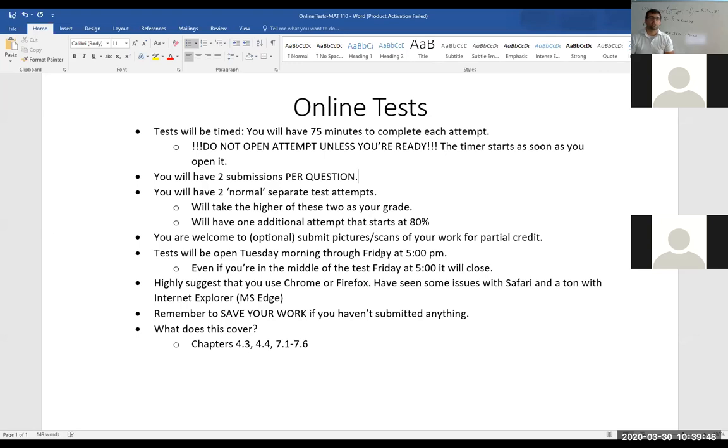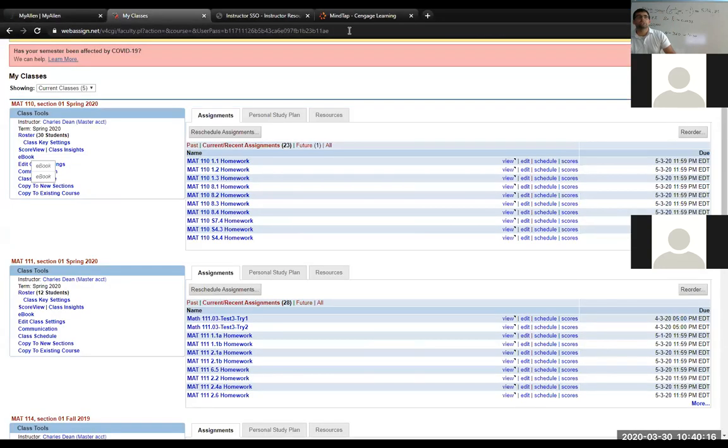What does this cover? Chapters S 4.3. So the idea is it is in the supplemental text, which we went over. I want to show it.